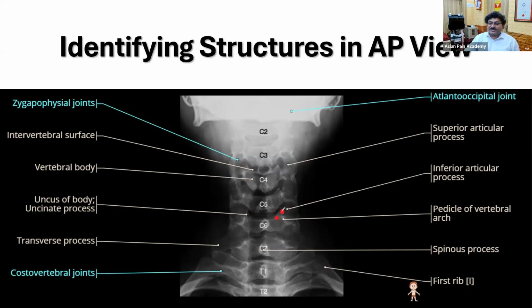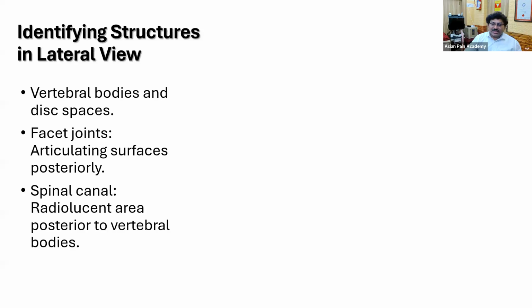Otherwise, most of the procedures are done from the posterior side. And stellate definitely will be going here, but slightly anterior. In stellate, we go anterior to the longus colli muscle. Okay, so these are the important structures that you see in the anteroposterior image.